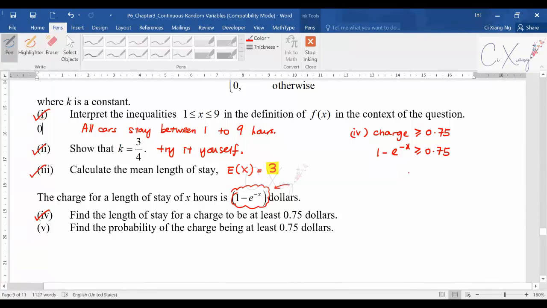Okay, so how can I get the value of x? You try to move everything to one side, and then you have e to the power negative x smaller than or equal to 0.25. Then I take ln on both sides, and move the negative over, so you need to change the sign.